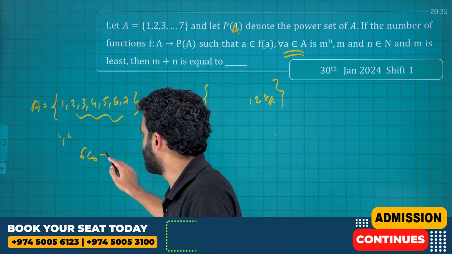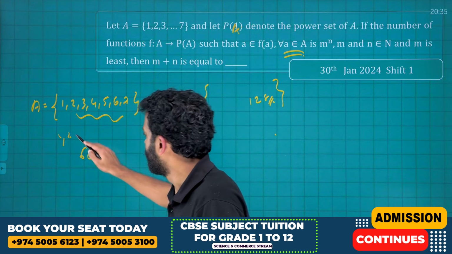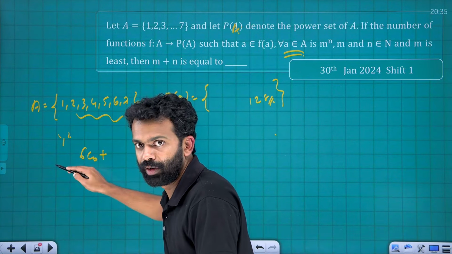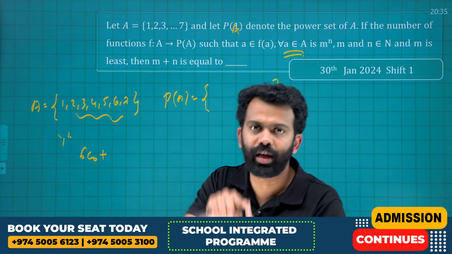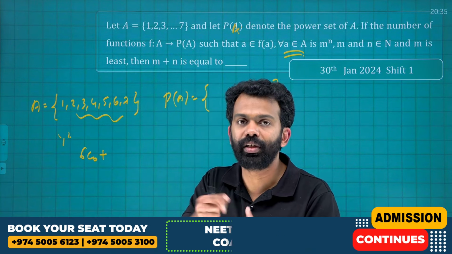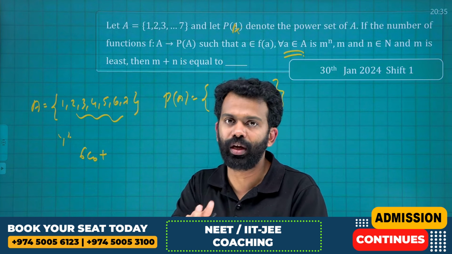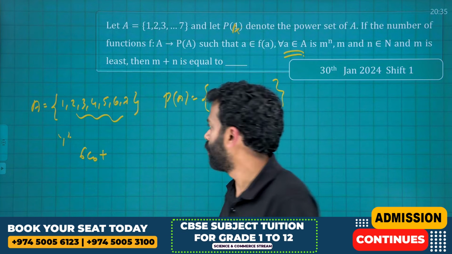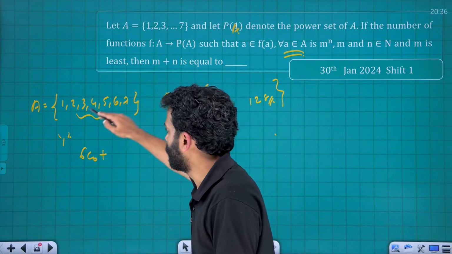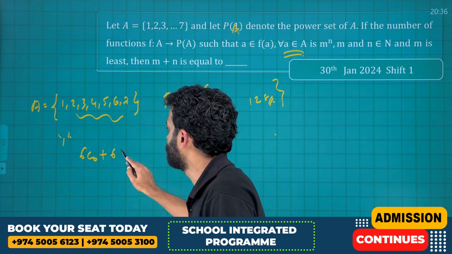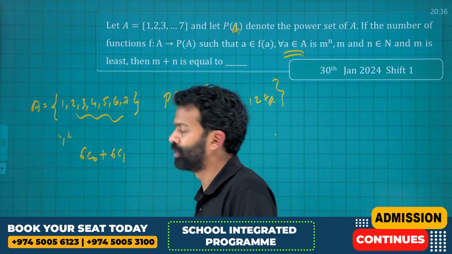And there is another way: we have already taken 1, and we can assign one more element to it. That is, we consider the subset with 2 elements, with 1 as one element. For that we need to select 1 element from here, which can be performed in 6C1 ways.